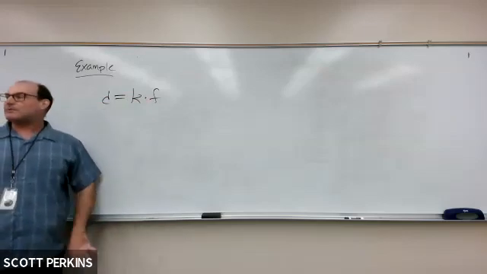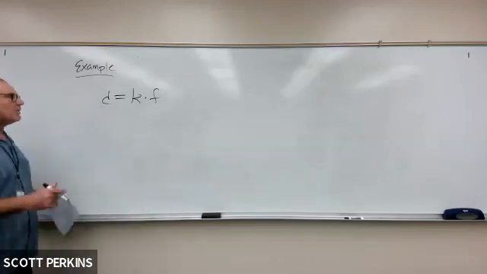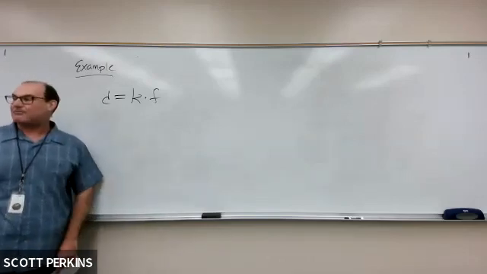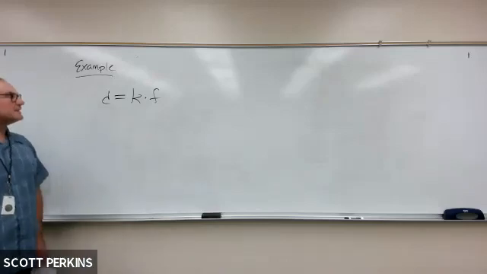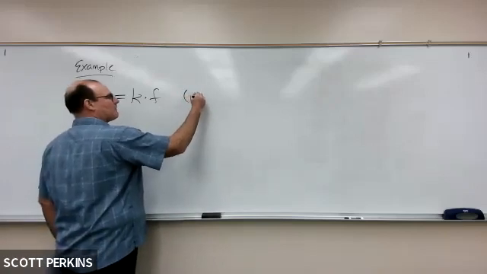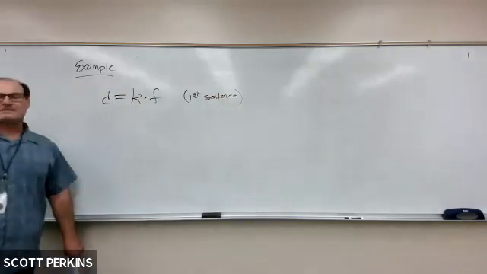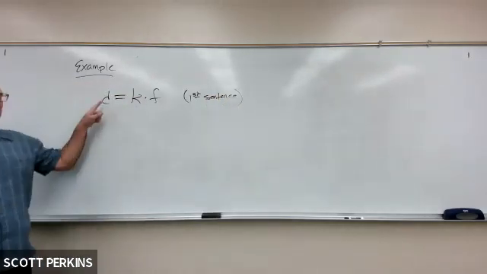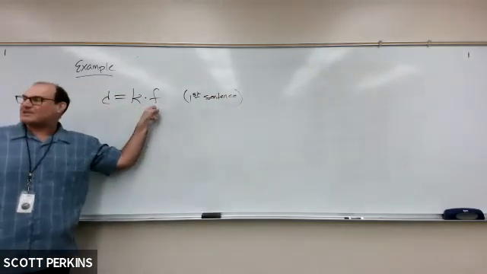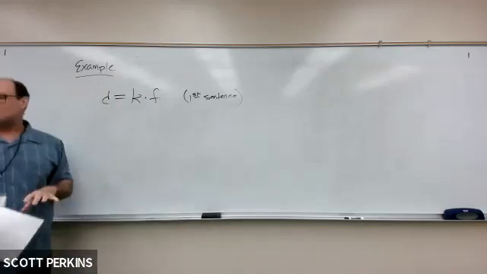If distance was inversely proportional to the force, we would have done K divided by F. And that's the only difference in these problems. So we get this right here from the first sentence. The first sentence tells us that the relationship between the distance D and that force F is a direct relationship. So it looks like this.